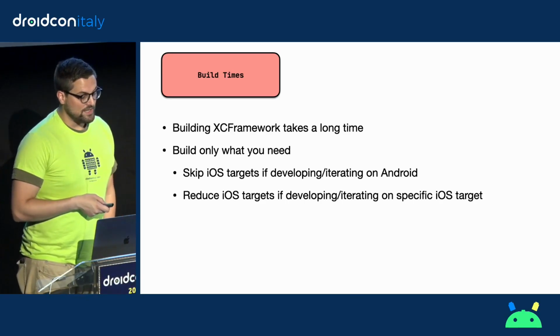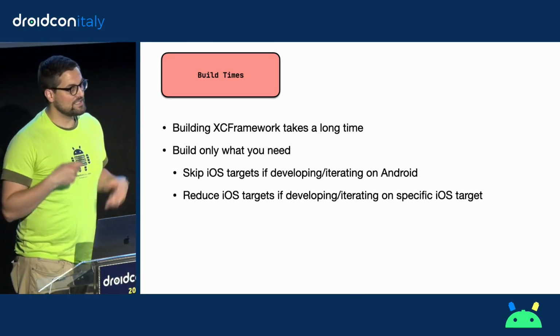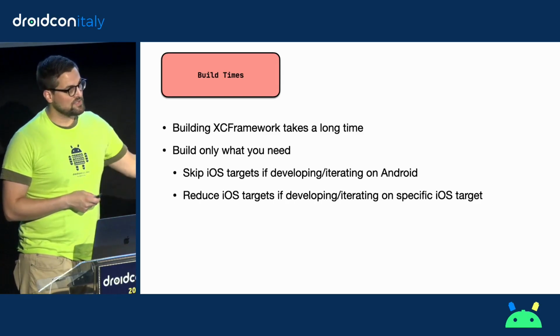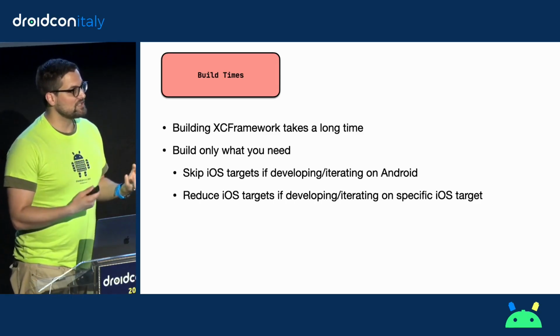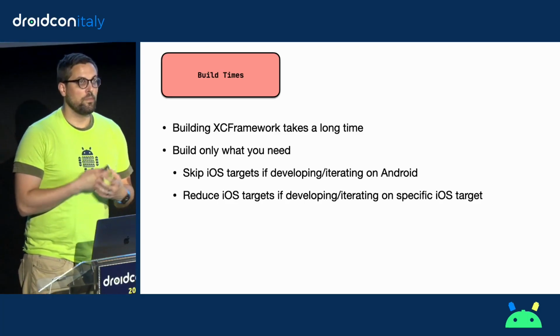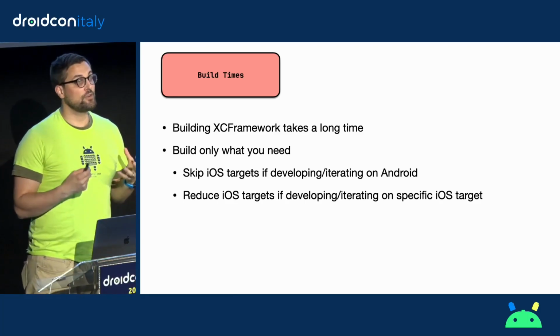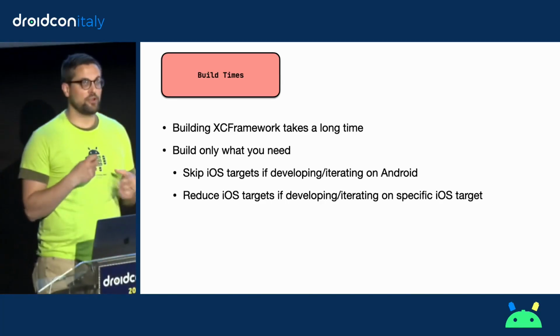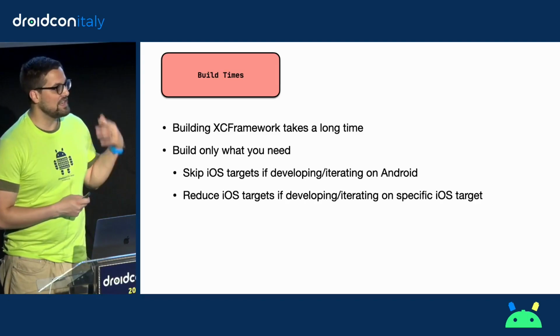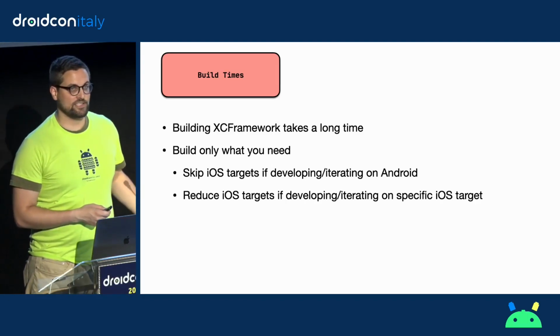Building XC frameworks takes a long time. Linking all the binaries is not a fast thing. I think, again, that was alluded to in the roundtable. So a really helpful thing that we've just started to do is to configure our build in a way where it's easy for developers to disable the targets they're not needing. So if I'm an Android developer and I'm just trying to prototype something, I don't necessarily need to be building all of the iOS targets on every build.